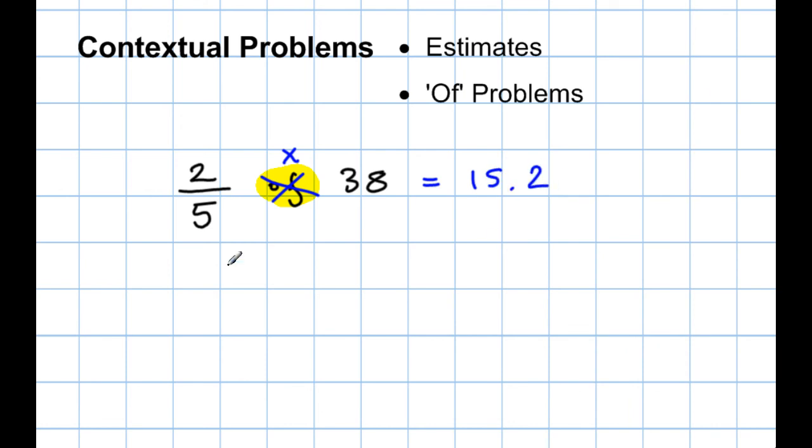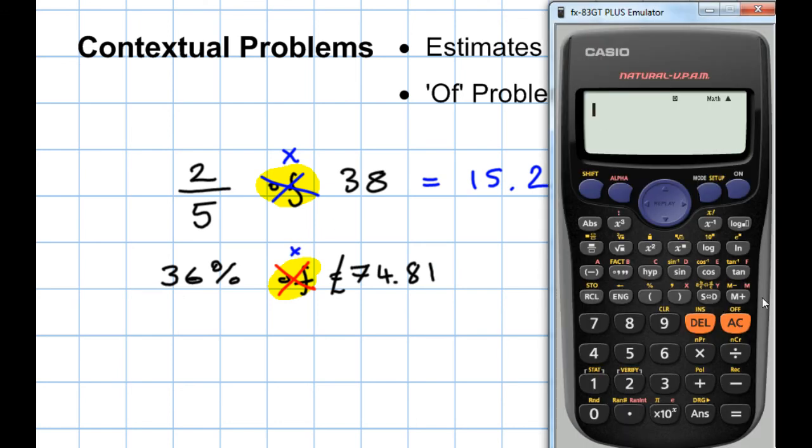It's the same with percentages. Let's have a look. 36% of 74.81 pounds. The word of in maths can be crossed out and replaced with the word times. Let's just go through that. Now 36%.